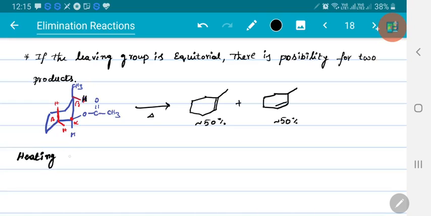heating of xanthates, right? So first, let me see what the Chugaev reaction is, then we will discuss how the reaction occurs.